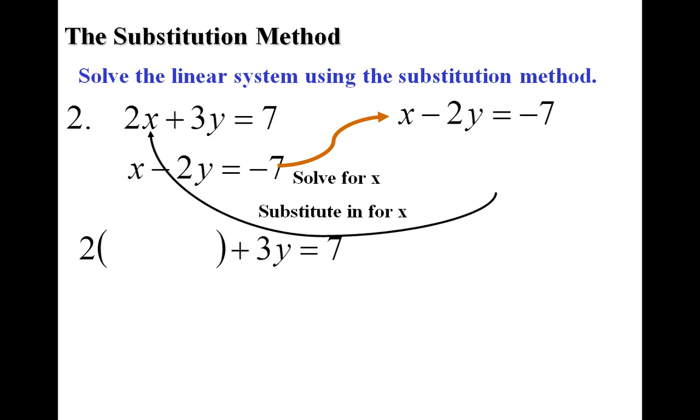Alright, so it's that first equation, 2x plus 3y equals 7. So we're going to rewrite it down here, and since we have solved for x here, we're going to substitute that information into x.